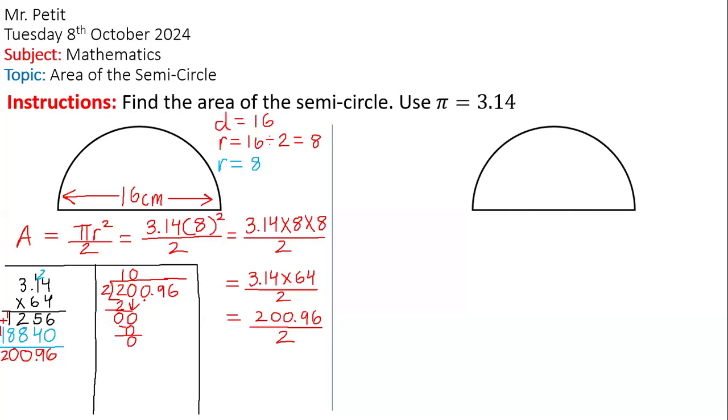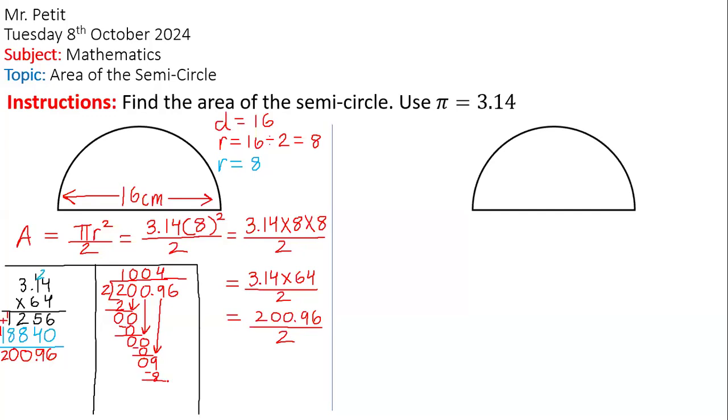And then we bring this down. This is gonna be another 0. 2 goes into 0 how many times? 0. So 0 minus 0 is 0. We bring down the 9. How many times does 2 go into 9? 4 times. 2 times 4 is 8.